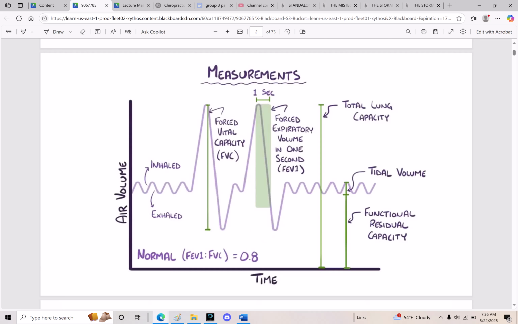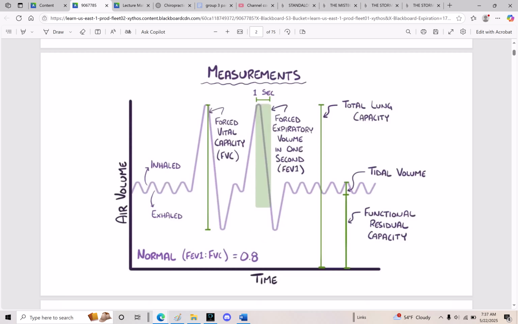So it has to be at least equal to 80%. In a normal lung, if the lungs are functioning fine and nothing is obstructing you from breathing out, you should be able to exhale 80% of the air you took in in the first second.